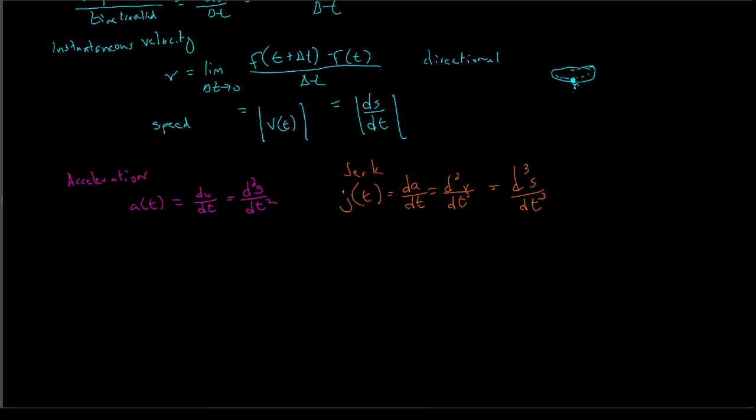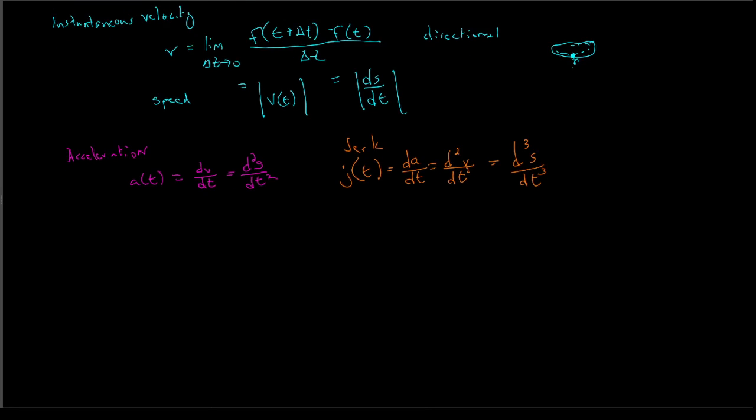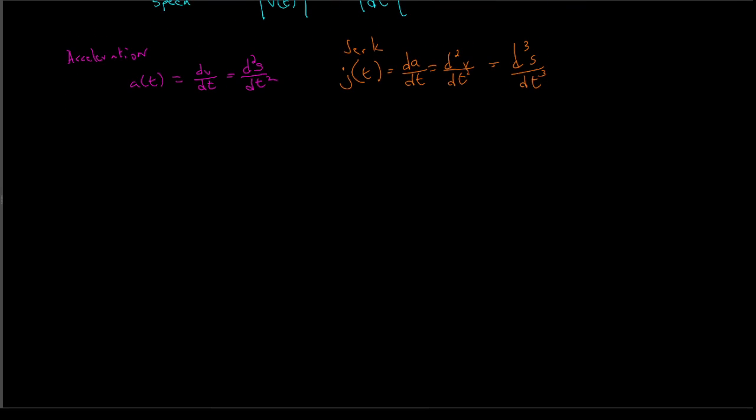A good example of this is they show that free fall is jerkless. So we can model the position of an object under gravity as being 1/2 the gravitational constant times t squared.